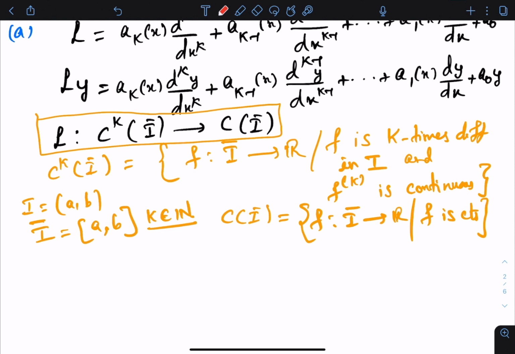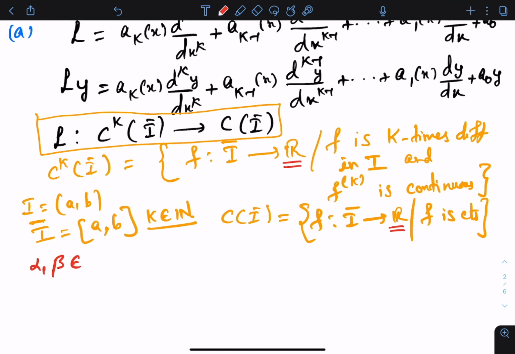Is that true? So what should you check for a linear map? Since these are real valued functions, these are vectors.